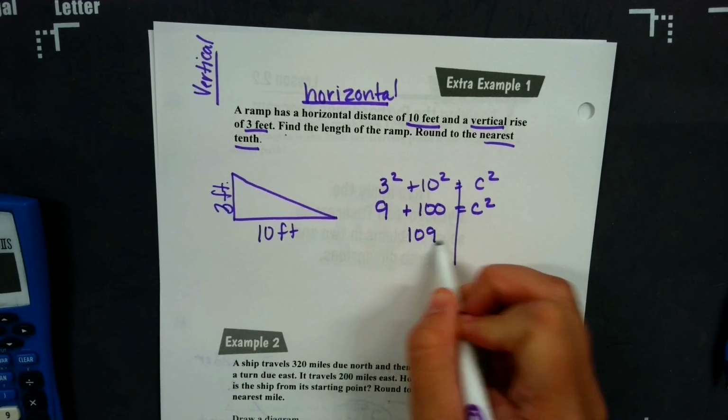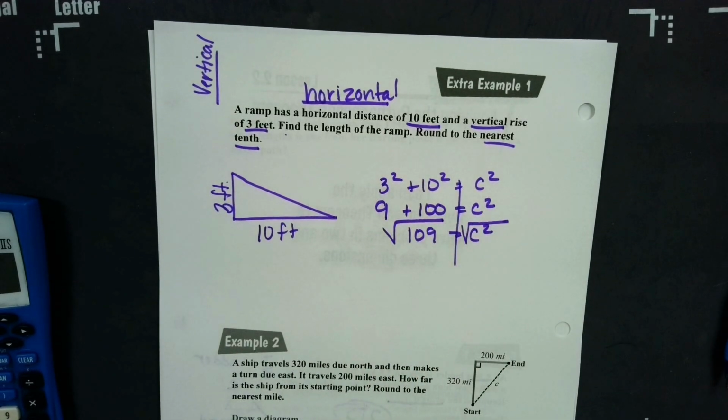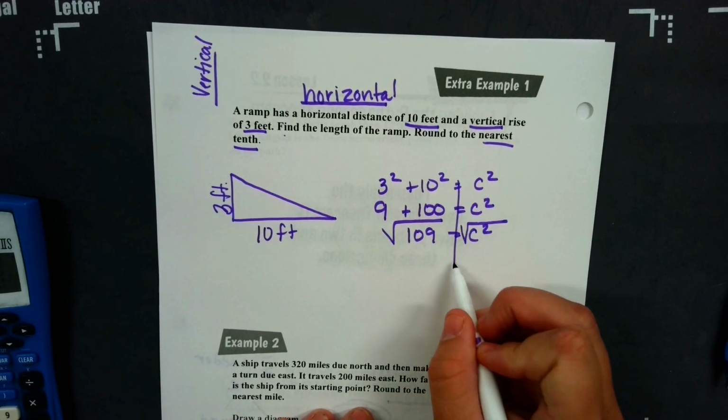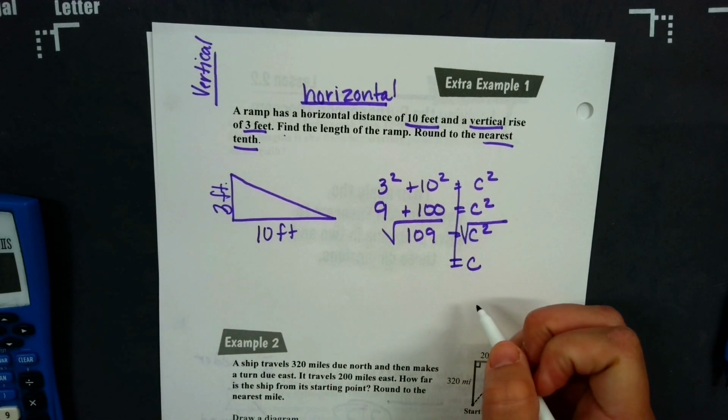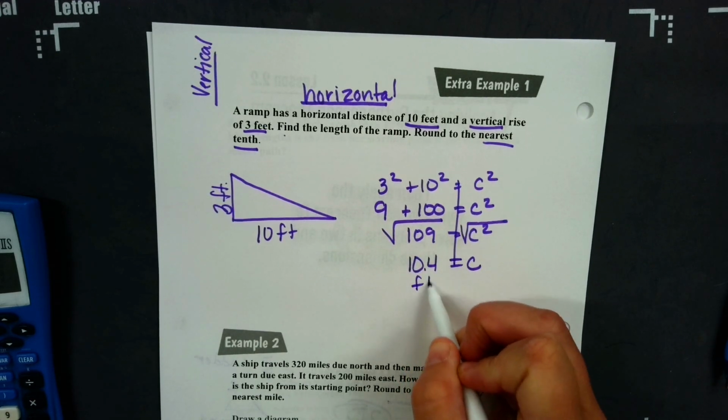Added together, you get 109. A lot of people get there? Yeah? So, what should I do next? Square root of 109. Somebody tell me the answer they got. 10.4. So my ramp is 10.4 feet.